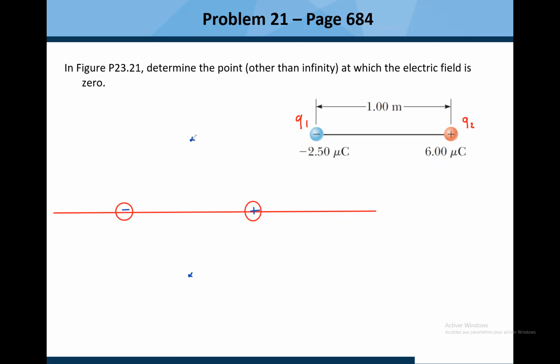Let's take, for example, this position. At this point, the charge 1 will create E1 in this direction because it's negative, so the field must be inward. This one is positive, so the field must be out.